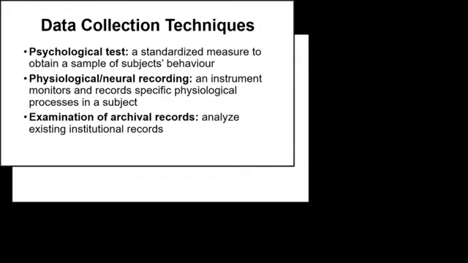We already kind of refer to the physiological recording or neural recording. So this is when you have an instrument that is going to directly monitor and record specific physiological processes within a subject. So my example of heart rate would be a physiological recording. You can measure skin conductance, which is how quickly a current can travel across the surface of your skin. You use 2 electrodes and see if that current changes.